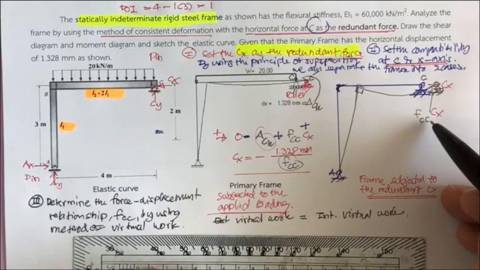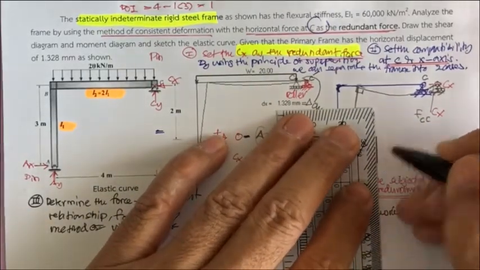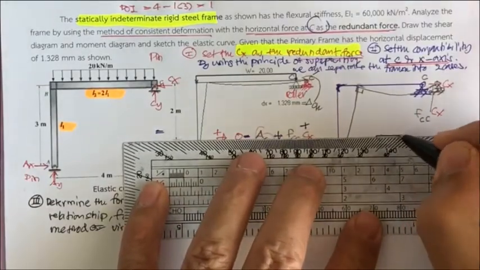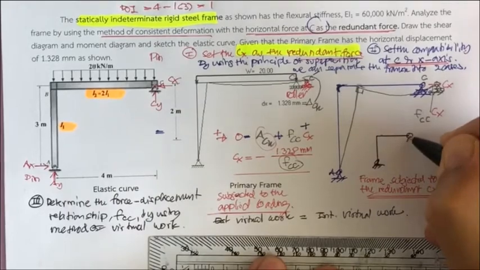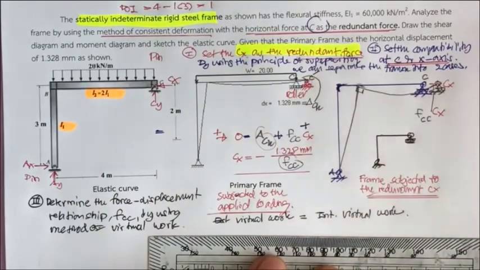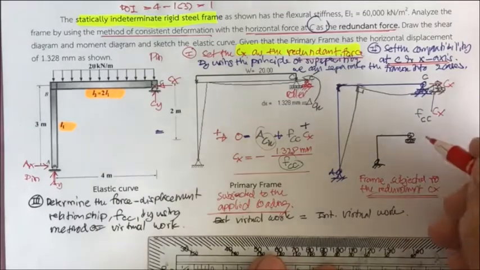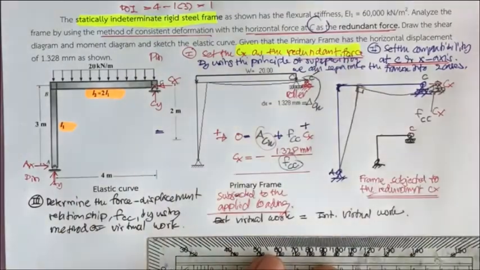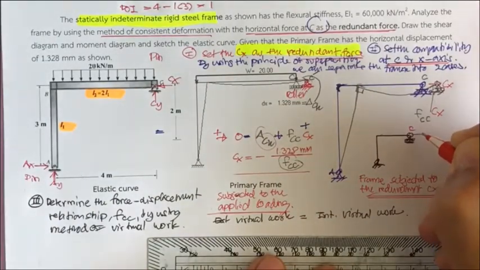What is going to be this external virtual work? When you like to determine the external virtual work of this structure, you're going to determine the direction you like to determine the deformation. So you like to determine the deformation or displacement at C in the CX direction.